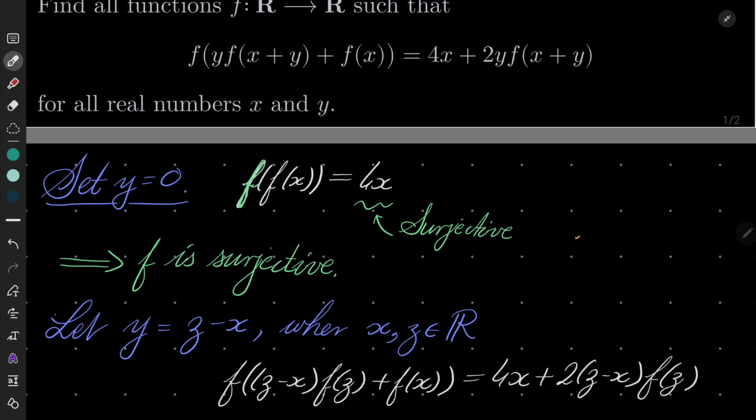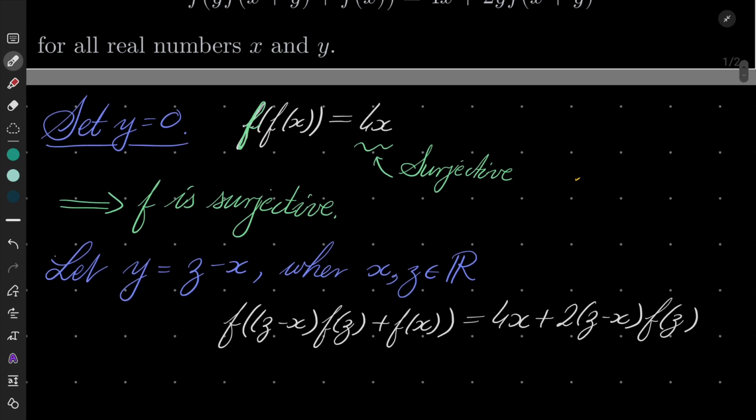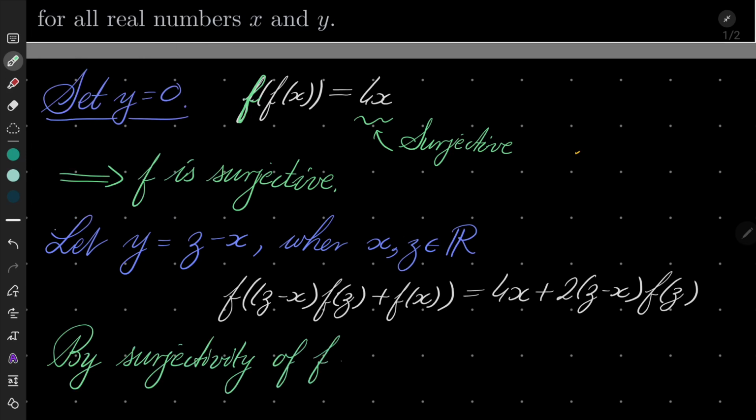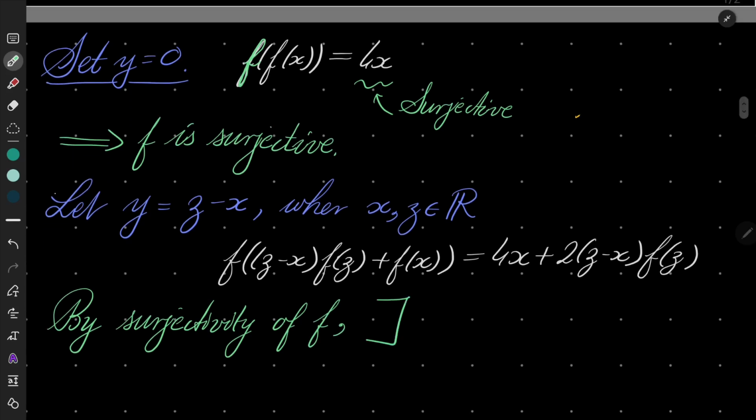Okay. And now we'll make use of the fact that our function is surjective, namely by surjectivity of f, we know that there is some real number z sub 0 such that f of z sub 0 equals 2. Why am I choosing 2?